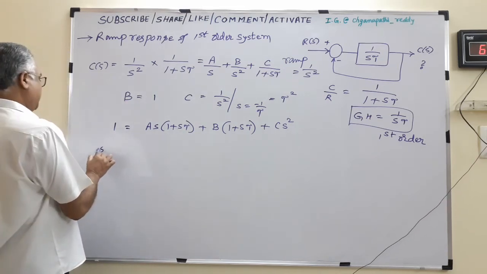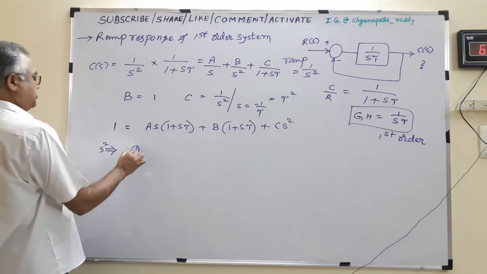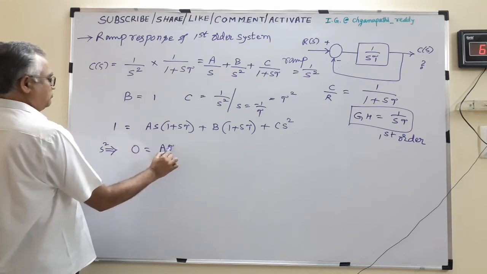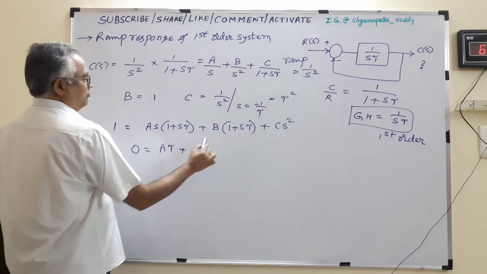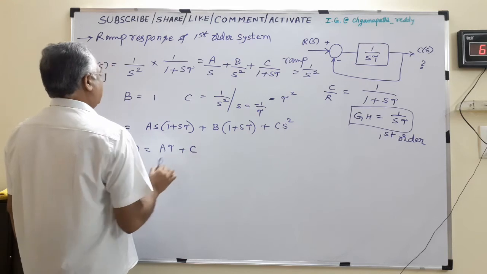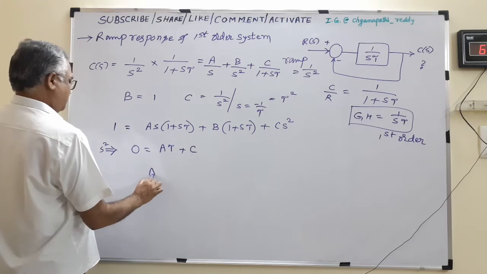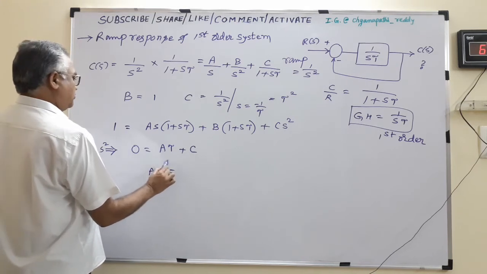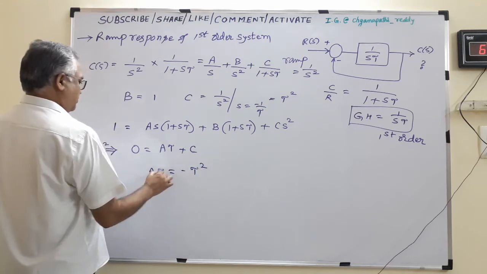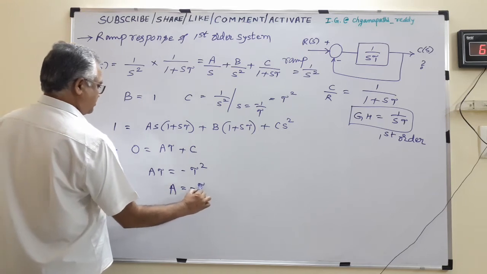Now if you compare the S square coefficient, what is S square coefficient? Left side 0. Here S square coefficient is A tau, and then C. So from this, A tau equal to minus C. So minus tau square, 1 tau cancels, A equal to minus tau.